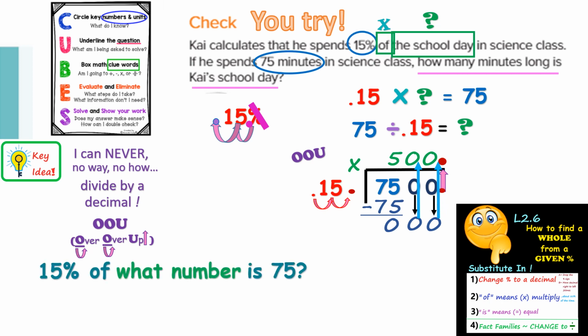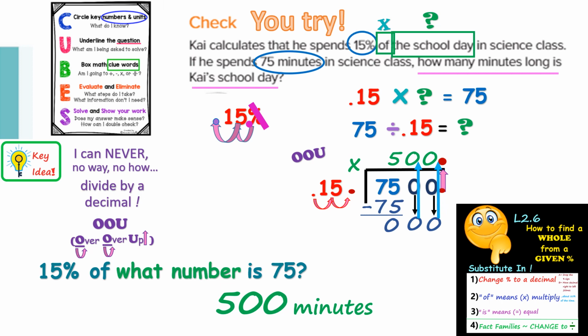500 what? What we're saying is, I know 15% of what number is 75? Well, 15% of 500 is 75. But go back to the question that we underlined, in this case in pink, and look for the label that we're being asked to use. 500 minutes. Does it make sense to use minutes when we're talking about time?